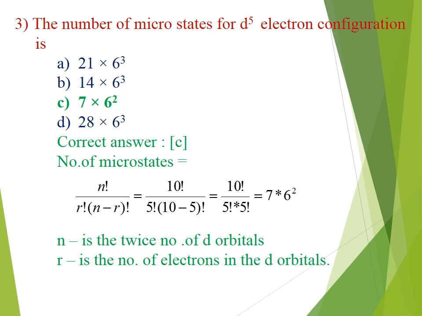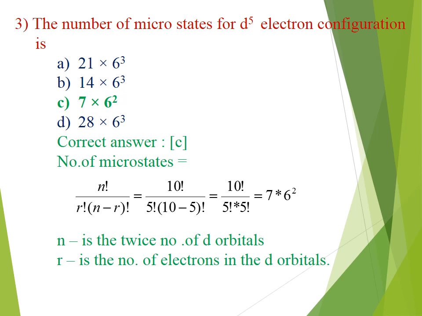For calculating the number of microstates, the formula is n factorial divided by r factorial into (n minus r) factorial. n is twice the number of d orbitals, and r is the number of electrons in the d orbital. For the d5 configuration, the d subshell consists of 5 orbitals. Therefore, n equals 10, and there are 5 electrons in the d orbital. Therefore, r equals 5.